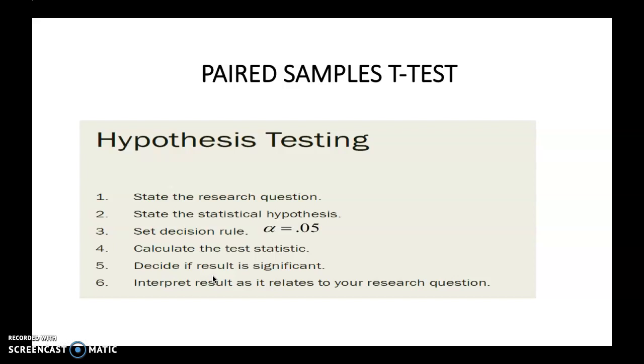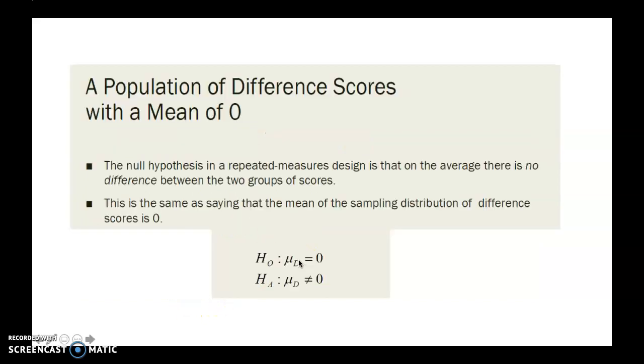To do the paired sample t-test, you have to begin with hypothesis testing. First, state the research question. Second, state the statistical hypothesis. Third, set the decision rule, which is usually alpha 0.05. Then calculate the test statistic, decide if the result is significant, and interpret the result as it relates to your research question.